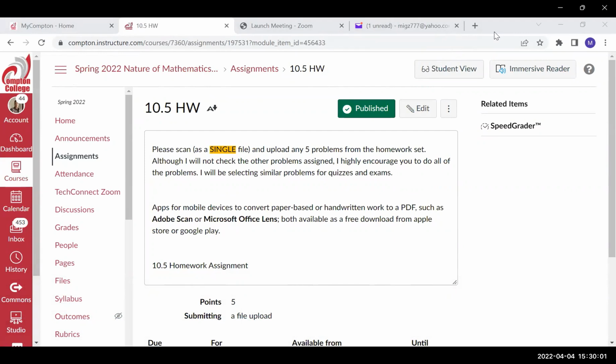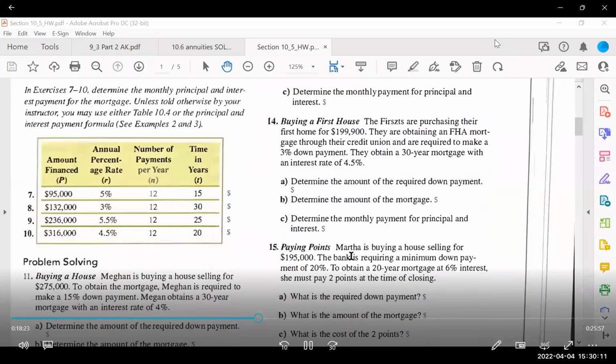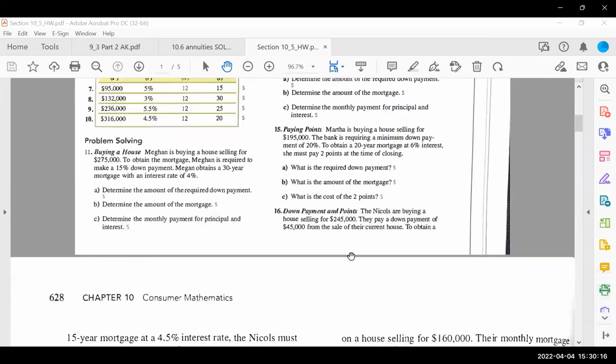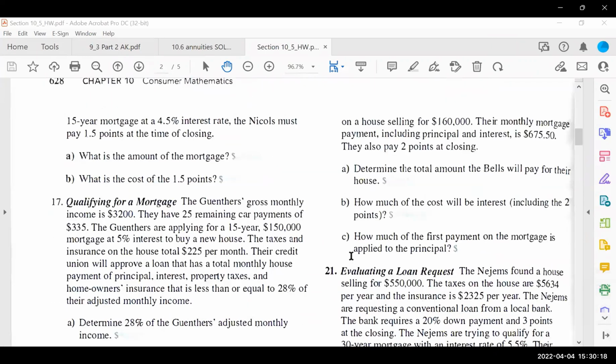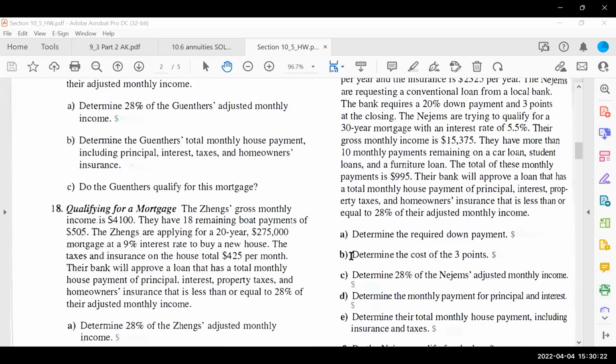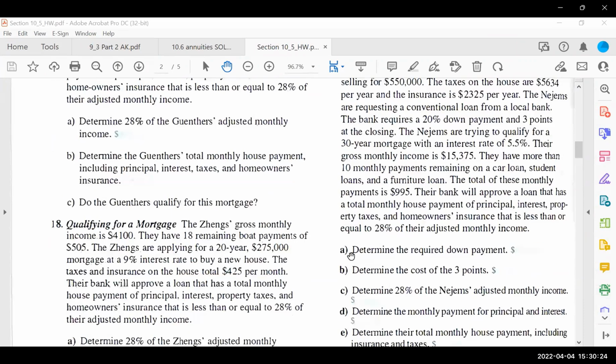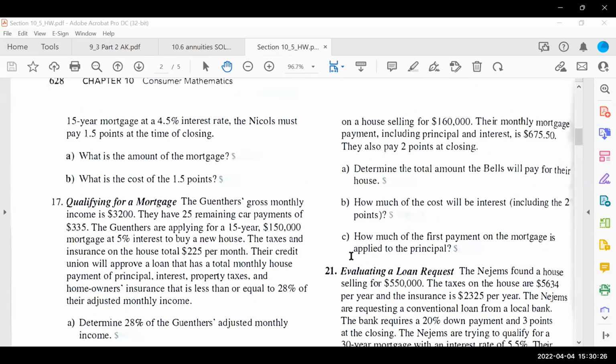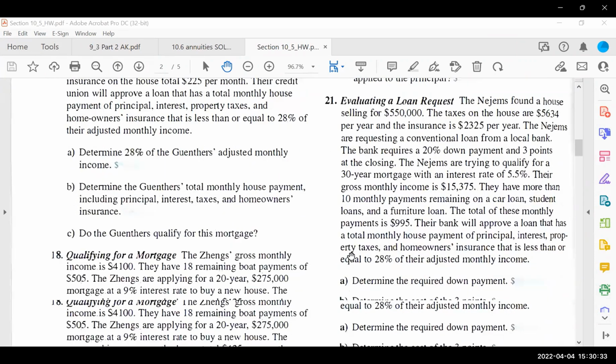All right, so let me share my screen now. You can get this homework assignment if you don't have it already. Trying to pick a good problem.